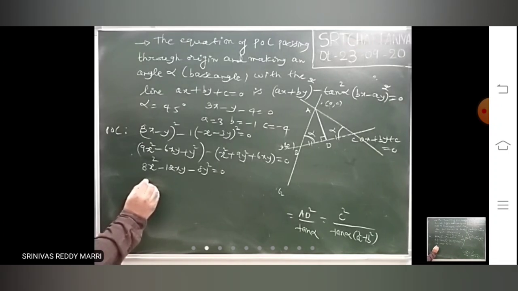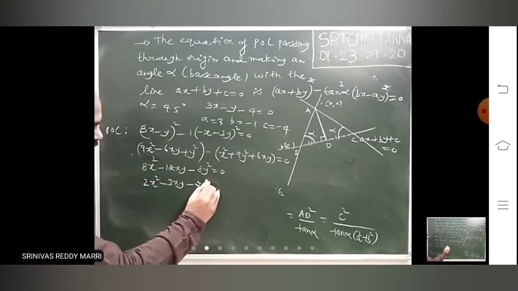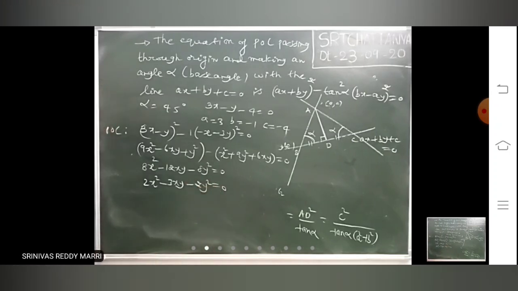Take common 4, which means 2x square ... So this is the answer you got previously. This is the answer you got.